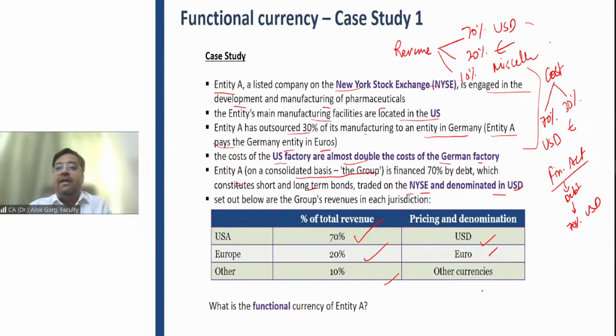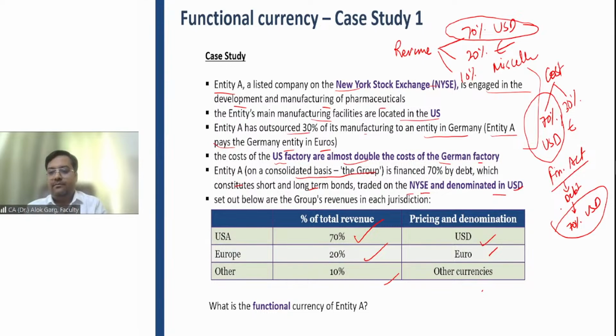So 70% of the primary indicator, which is revenue, is in US dollar. 70% of the other primary indicator, which is cost, is again US dollar. And 70% of the secondary indicator is again US dollar. According to you, what should be the functional currency of this entity?